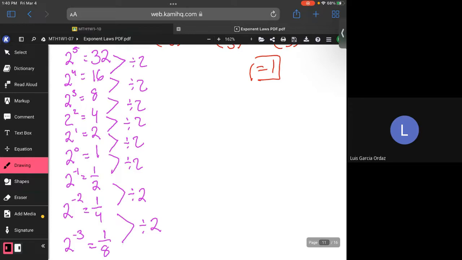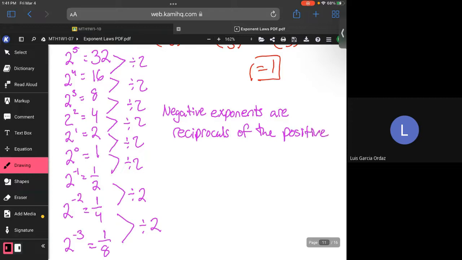So the negative exponent is just the reciprocal of your positive exponent. Reciprocal is just another way of saying you flip your fraction over.